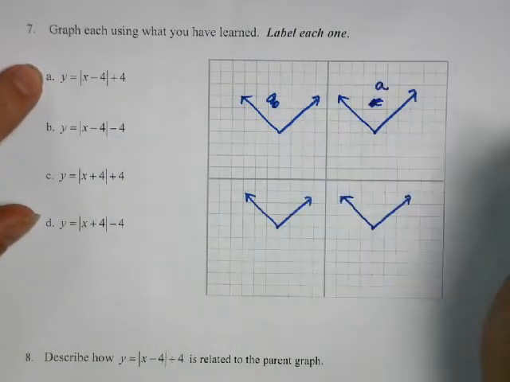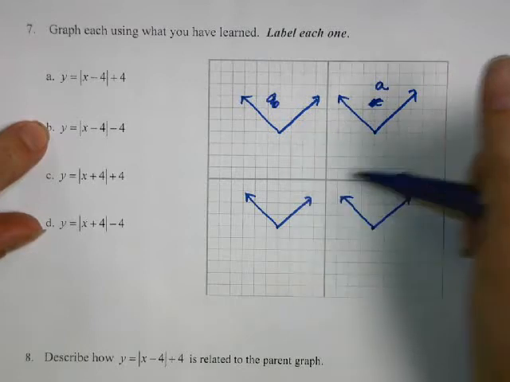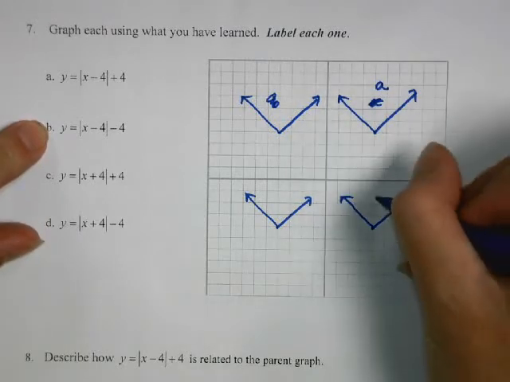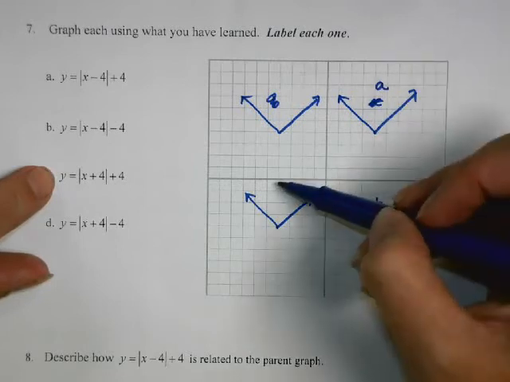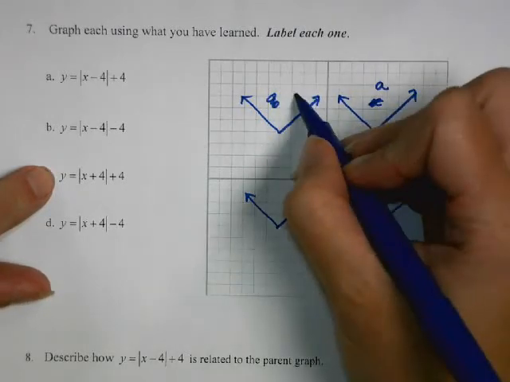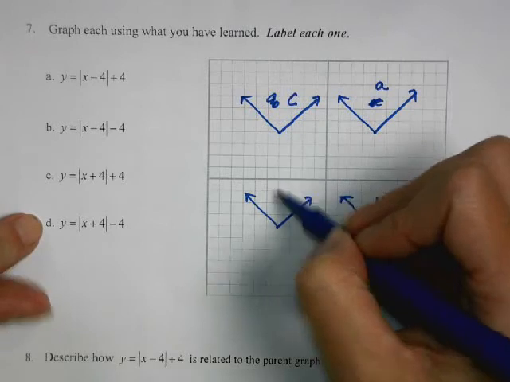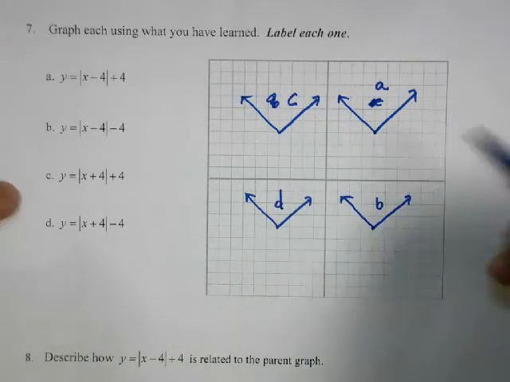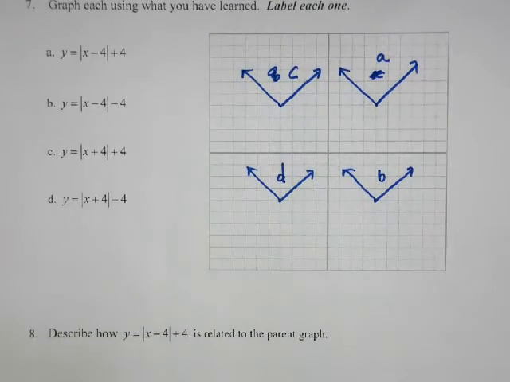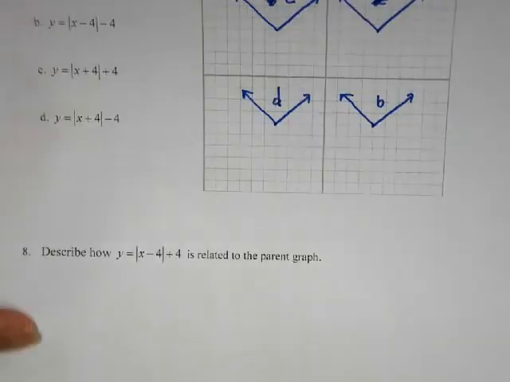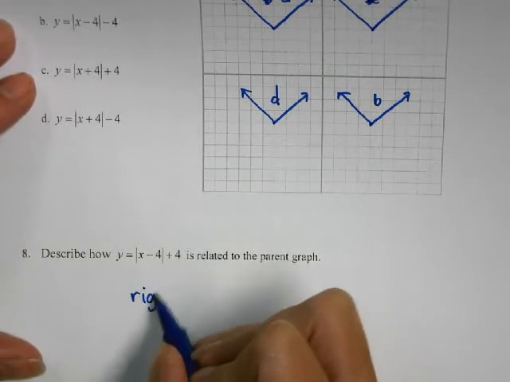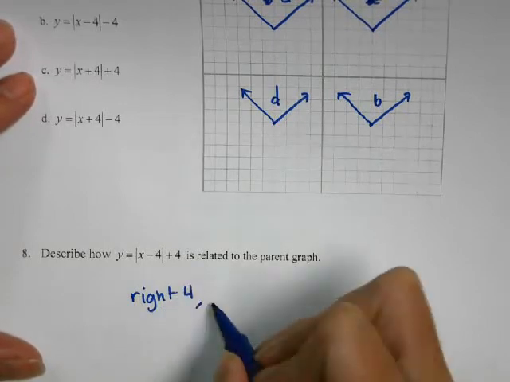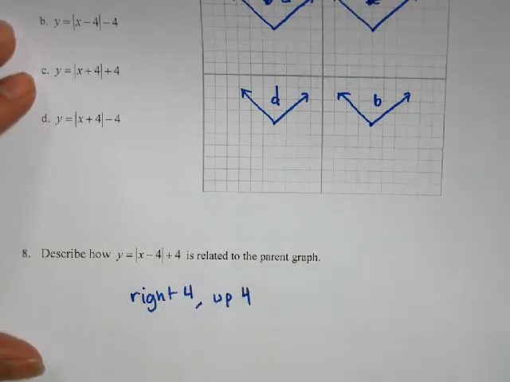So this one is A. This one's going down 4 to the right. So this one is B. This one is to the left 4 and up. And this one's to the left and down. So when you're describing the transformation, you would just say this one goes right 4 and up 4.